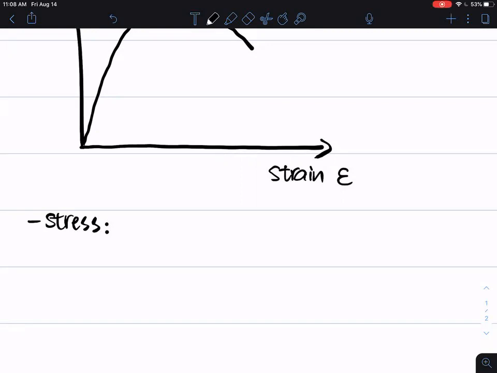Okay, all right. I think at the end of statics, you will learn stress. But at this point, you're dealing with forces. So you can think about stress as an intensity of force.